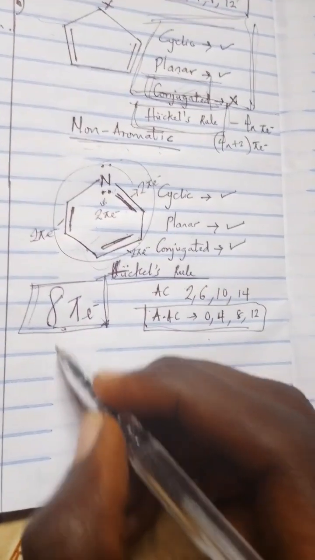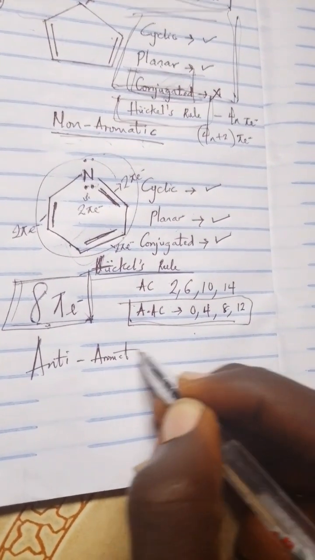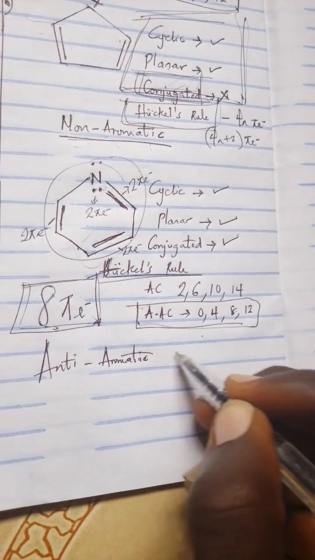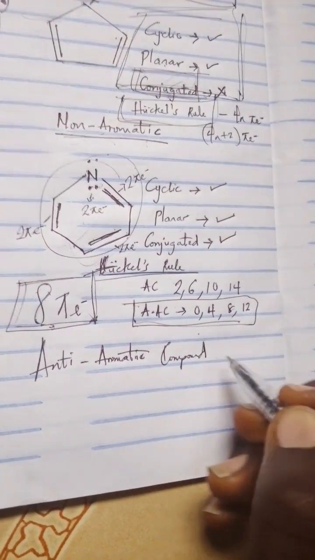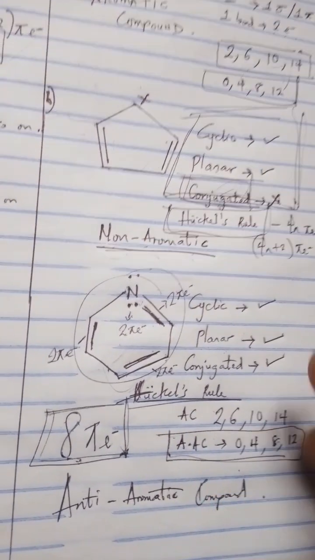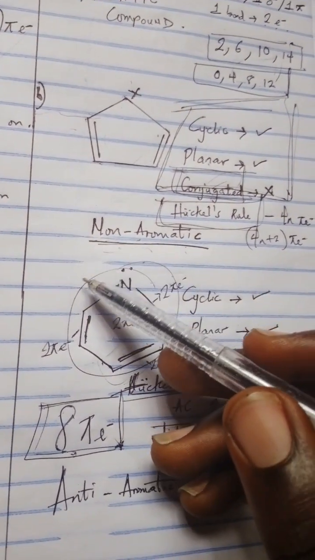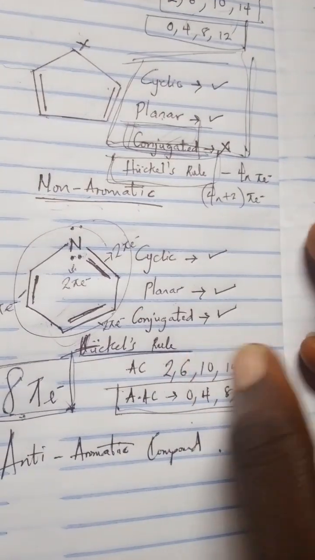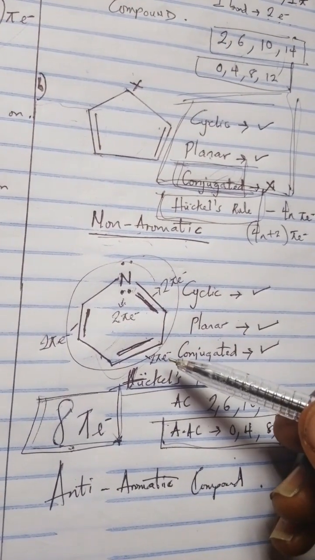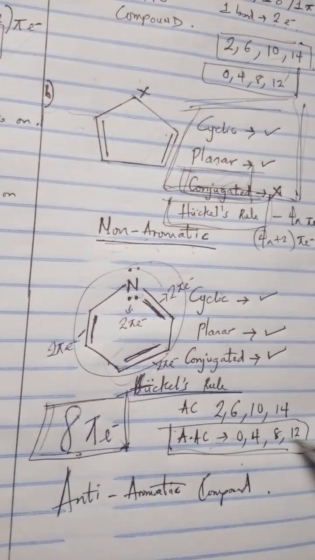Hence, this compound is an anti-aromatic compound. One theoretical difference between aromatic and anti-aromatic compounds is that an aromatic compound is very stable due to the delocalized electrons, due to this number of pi electrons, but an anti-aromatic compound is very unstable due to this number of pi electrons.